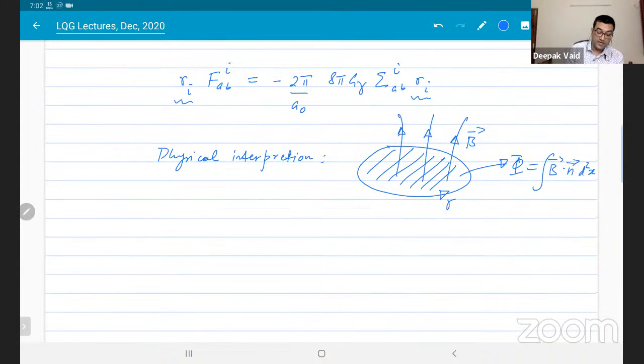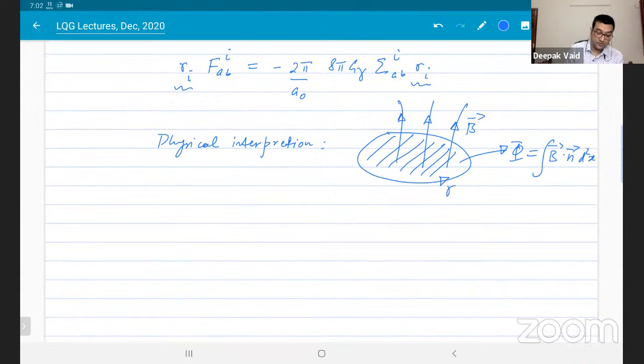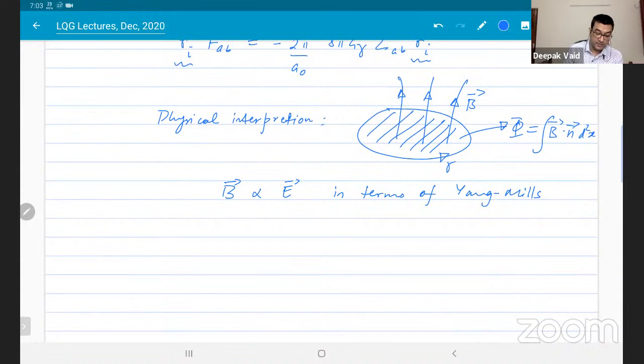Okay, and this is our electric field, right? So the statement of this is sort of like saying that the magnetic field is proportional to the electric field, in terms of Yang-Mills variables. Okay, Yang-Mills phase space.